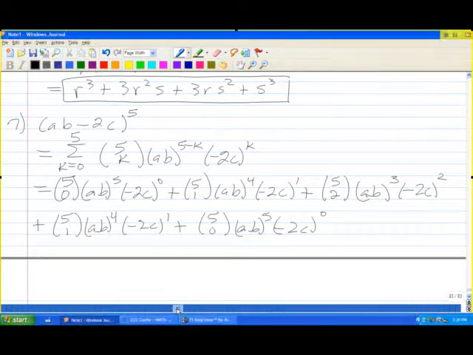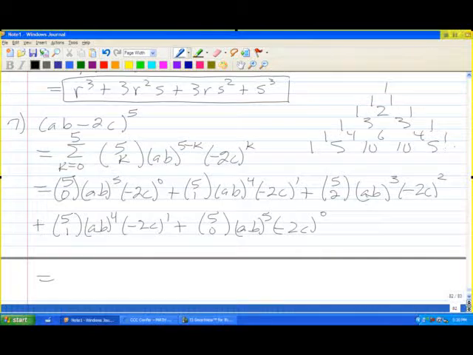Okay, so this is equal to, so now what I have to do is Pascal's triangle. So I've got to do 5 of them. So let's do 1, 2, 3, 4, 5. Okay, so there it is.